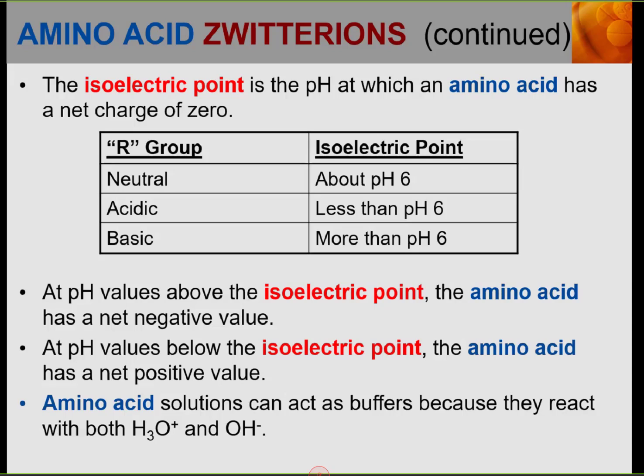At pH values below the isoelectric point, that's acidic conditions, the amino acid has a net positive charge. Why? Under acidic conditions, the carboxylic group gains a hydrogen, so it has no charge.